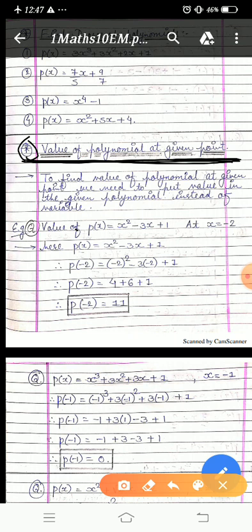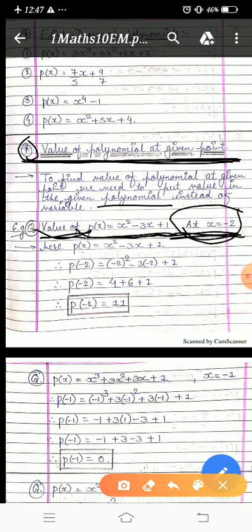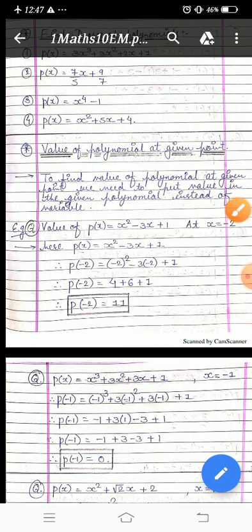Suppose p of x is given, that is x square minus 3x plus 1, and we need to find the value of the polynomial at the point x equals minus 2. So we need to put just minus 2 instead of x in this polynomial. By putting the value of x, we can easily find the value of the polynomial at the given point. So it is a very easy topic that we have already studied in 9th also.